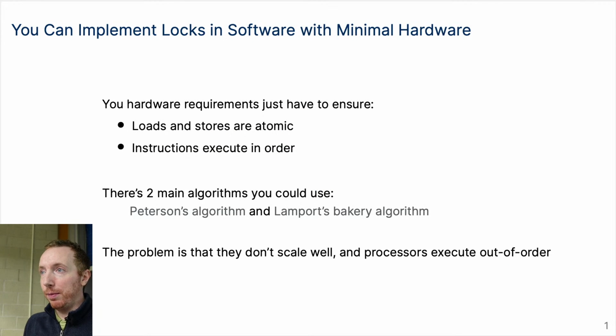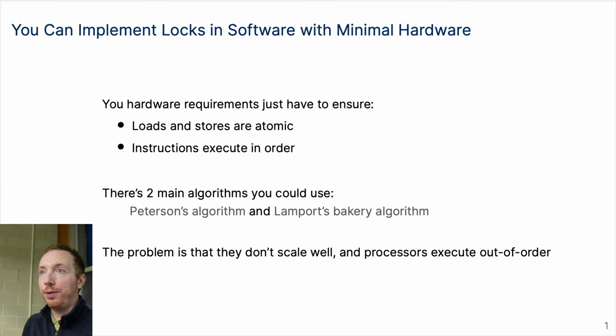So you can implement locks in software with minimal hardware support. The only two hardware requirements you actually need are atomic loads and stores, and you need instructions to execute in order, which sounds like a no-brainer, but processors today execute out of order, so that is not necessarily true nowadays, which makes your life a pain.